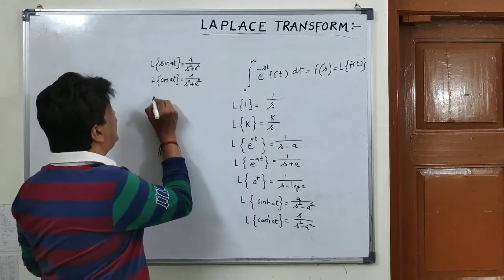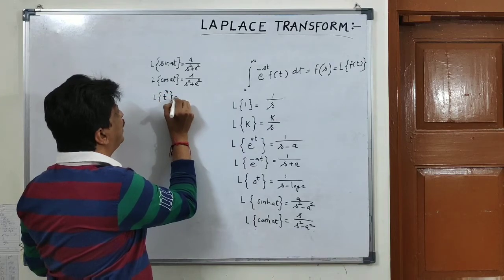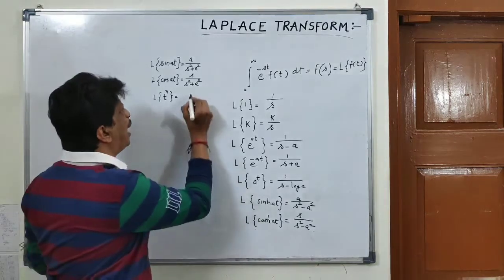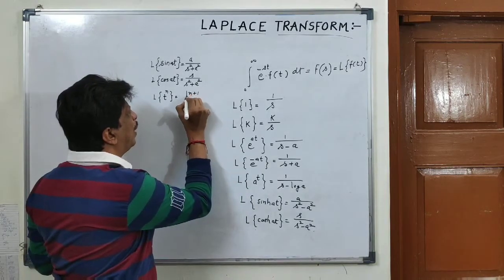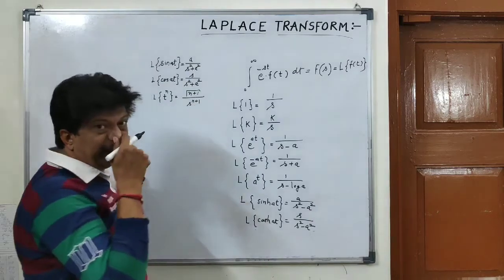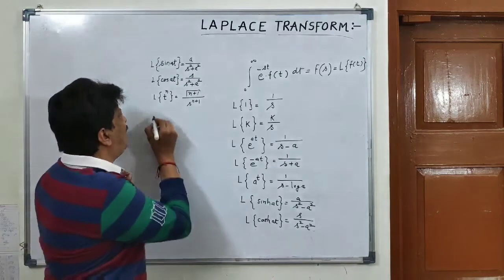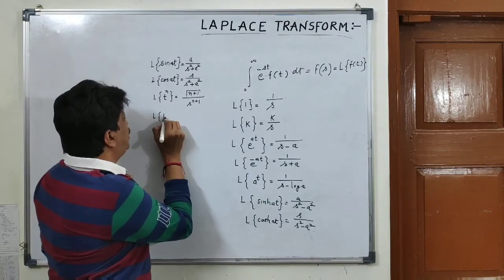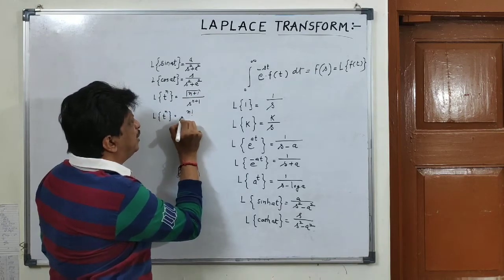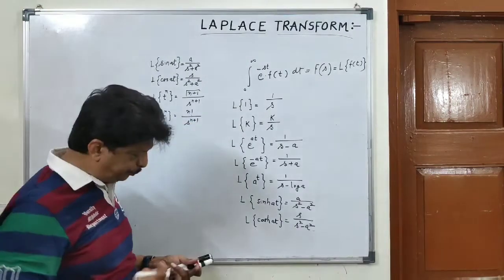After that, we have also seen the Laplace transform of t raised to power n. If n is a fraction, then it is equal to gamma of n plus 1 upon s to the power n plus 1. If n is purely an integer, then the Laplace transform of the same function t to the power n, since gamma of n plus 1 is equal to factorial of n, is factorial of n upon s to the power n plus 1.